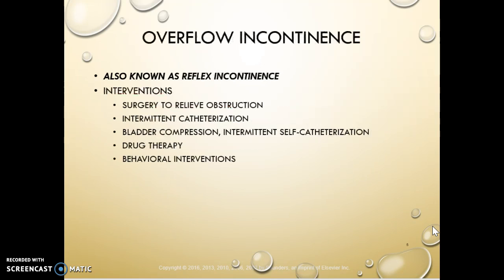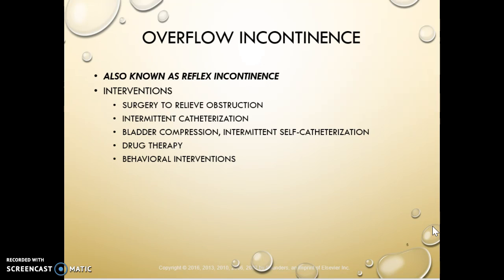Overflow incontinence is also known as reflex incontinence, and this is really where the bladder tends to stay full and just has some type of an obstruction that needs to be bypassed. So they will be really full, and then they'll just have some overflow that spills out.